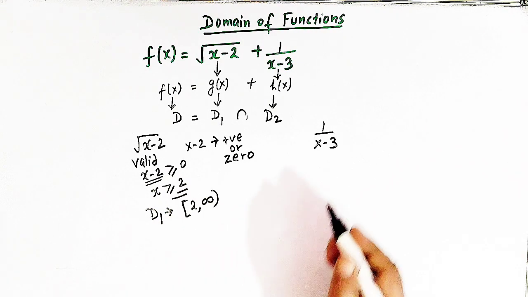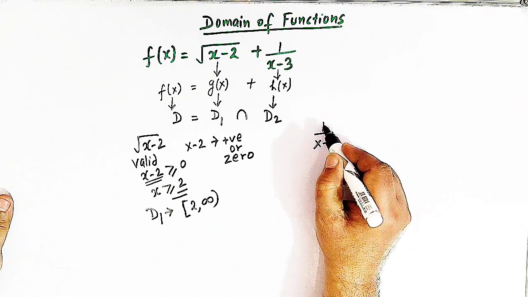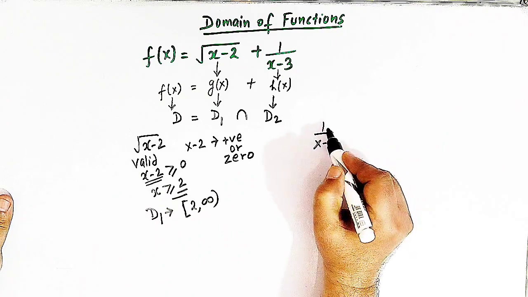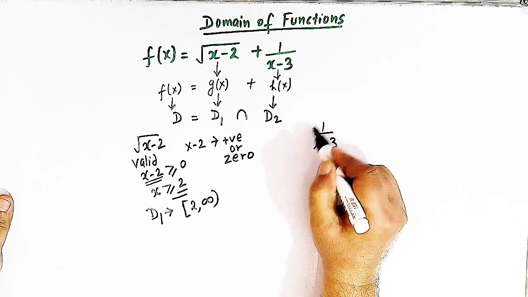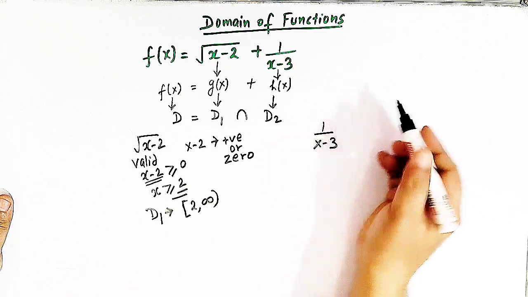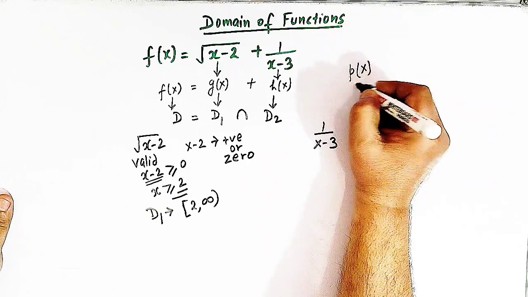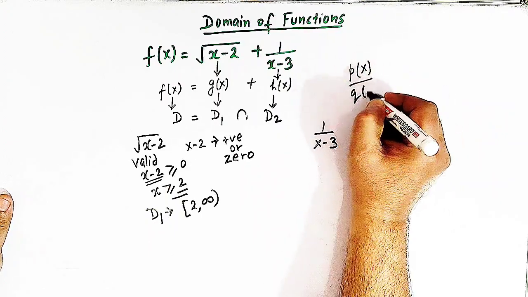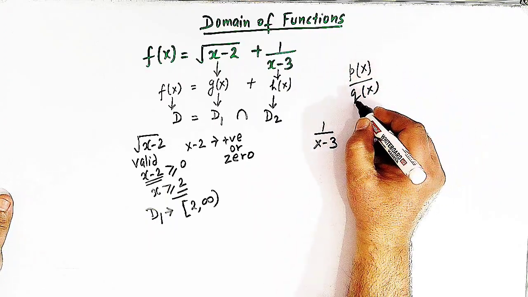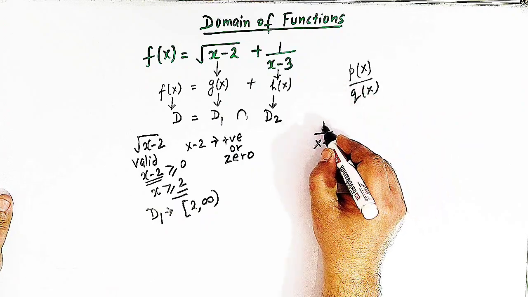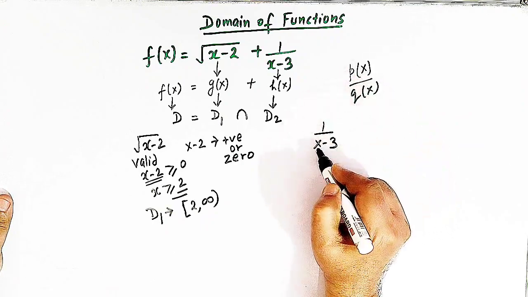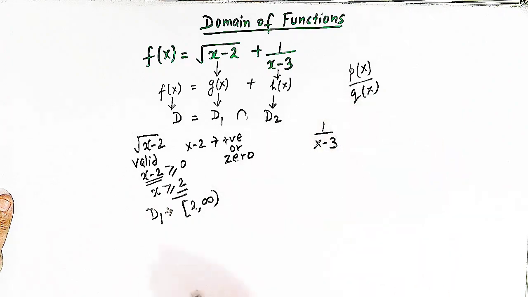Now let us take up this rational function 1 over x minus 3. Here we are calling this a rational function because a rational function is defined as the quotient of two polynomials, say p of x and q of x. So here 1 is p of x and x minus 3 is q of x, right?